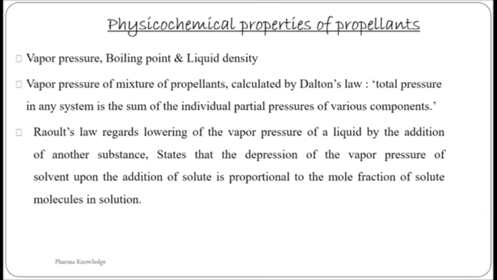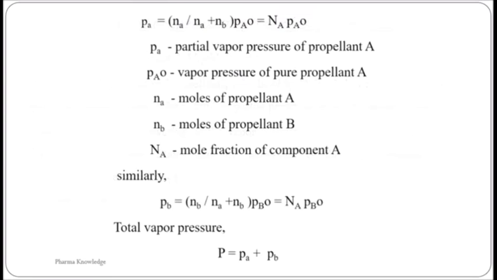Very fine particles or a mixture of propellant 12 and others are also present. A lowering of vapor pressure is produced by adding a less volatile solvent like ethyl alcohol, ethyl acetate, propylene glycol, glycerin and acetone.